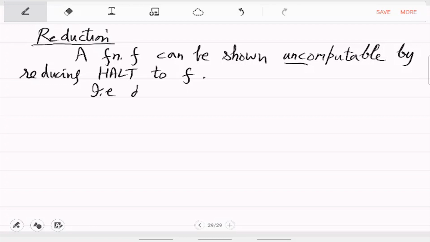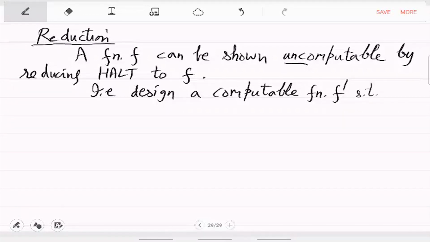So the task is to design a computable function f prime such that for all inputs x, halt on x is the same as f applied to f prime of x.